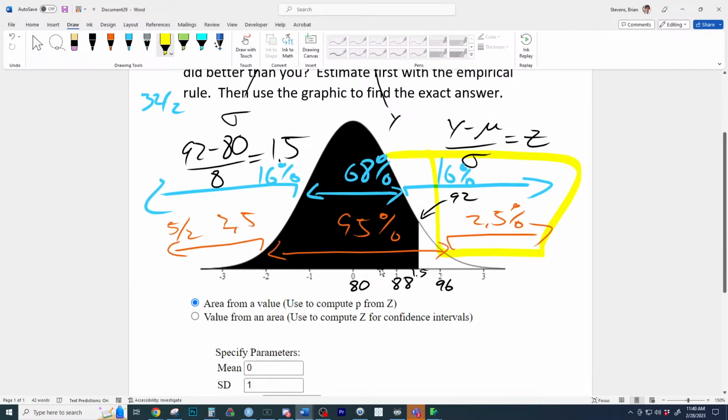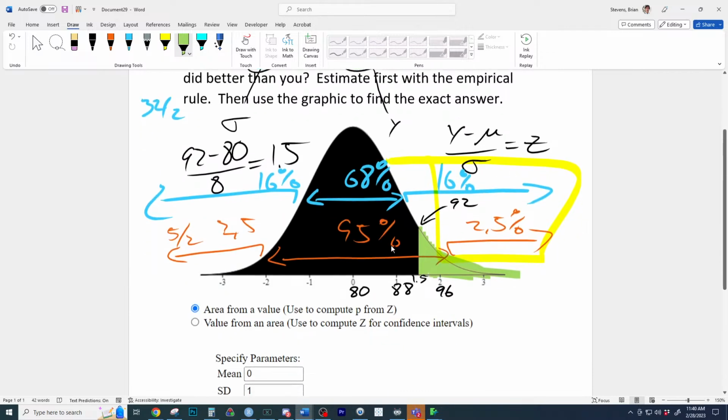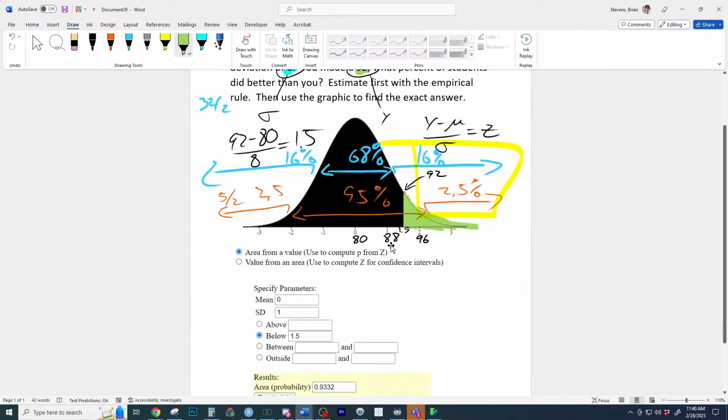Now, when you think about this, you actually want this area right here. How could you get that area right there using the graphic? So you know your answer has to be between 16 and 2.5. How would you get the green area?